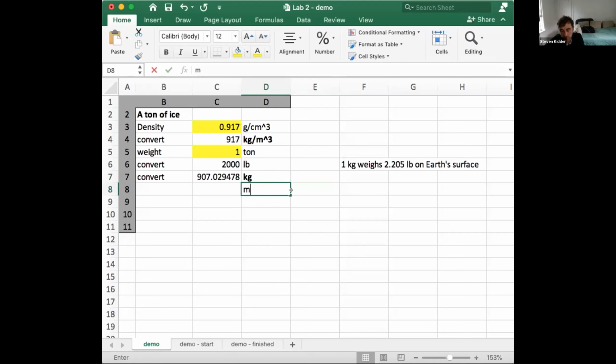If we just look at the units here, if you take this one and divide it by that one, your units cancel and you're going to get an answer in meters cubed. Okay, so it's about 0.99 meters cubed.